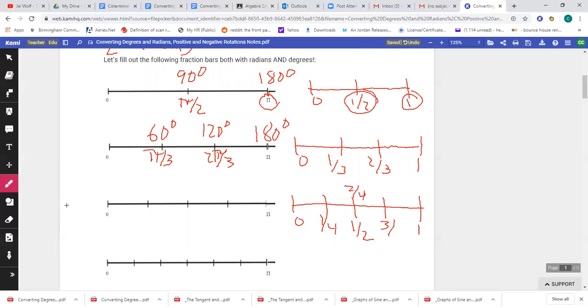And then this would be 3/4. So the same way we did the fraction bar, if this is 180, if I cut 180 divided by 4, you could just use your calculator for that. You would get this as 45. And then if we just keep adding 45, we get 90 and 135.